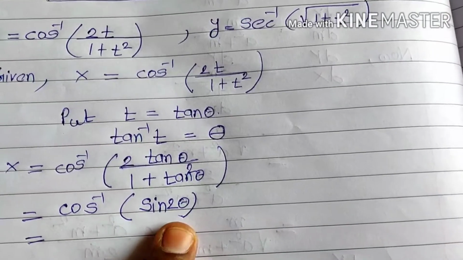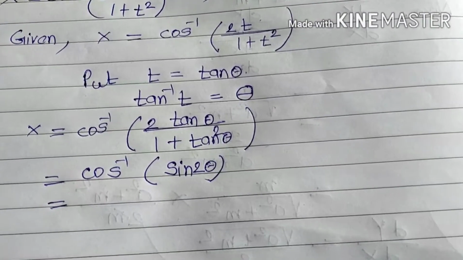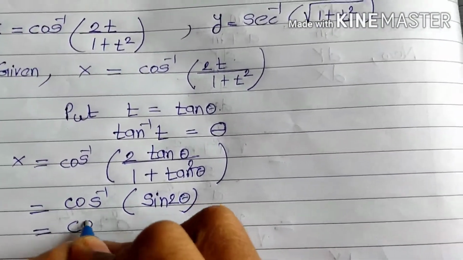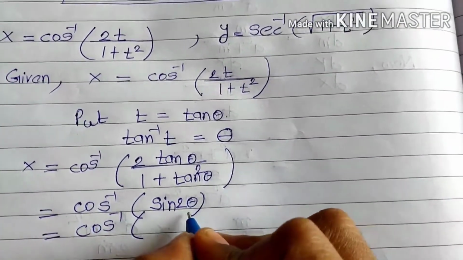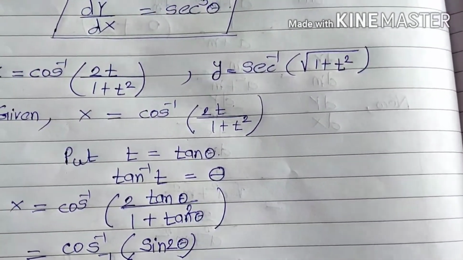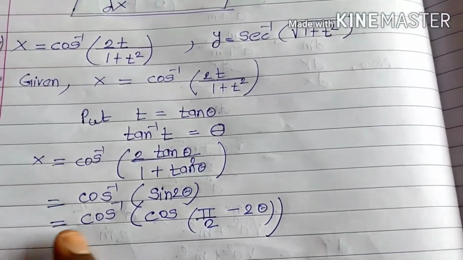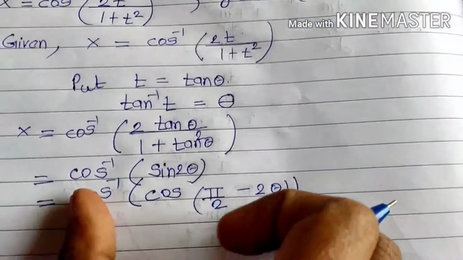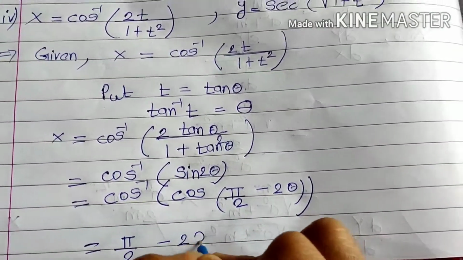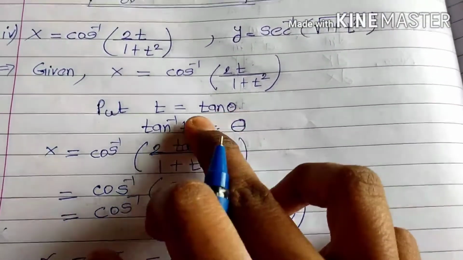And now you can convert sin by the allied angle, which we already studied in 11th standard. Cos inverse of sin 2 theta is equal to, with the help of cos, cos inverse of cos of pi by 2 minus 2 theta, and cos inverse of cos x is x, that's why pi by 2 minus 2 theta. Now here put the value of theta, which is tan inverse t.